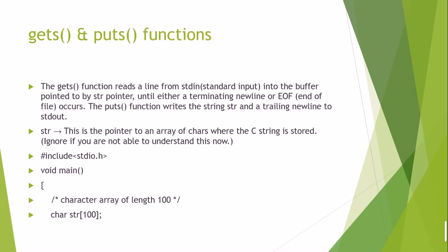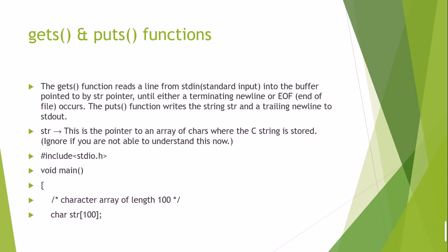Then comes the gets and puts functions. For a string, whenever you want to write a string on the output, or get some string from the user, you use these words gets and puts. The gets function reads a line from stdin, that is standard input, into the buffer pointed to by the str pointer, until either a terminating newline or EOF, that is end of file, occurs.